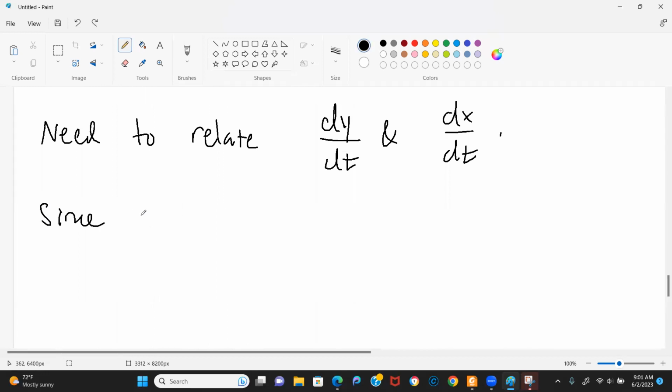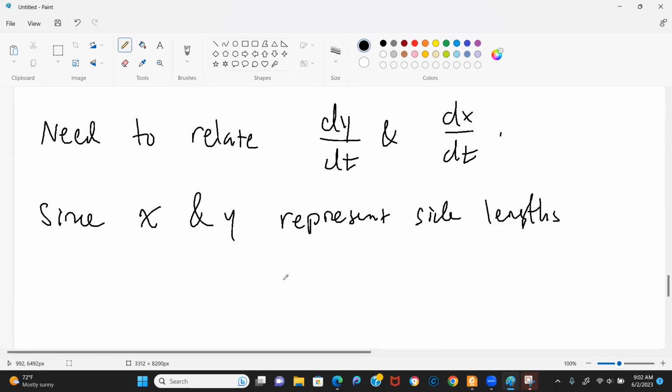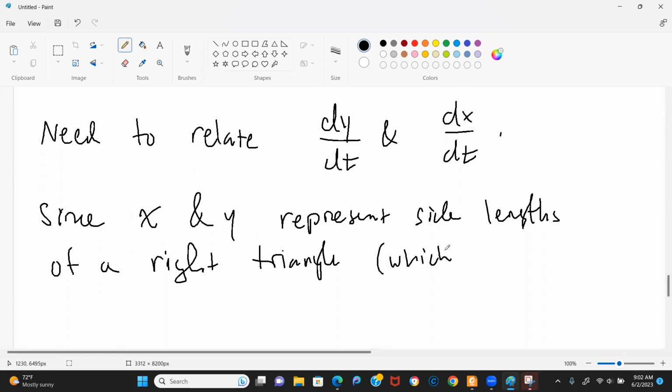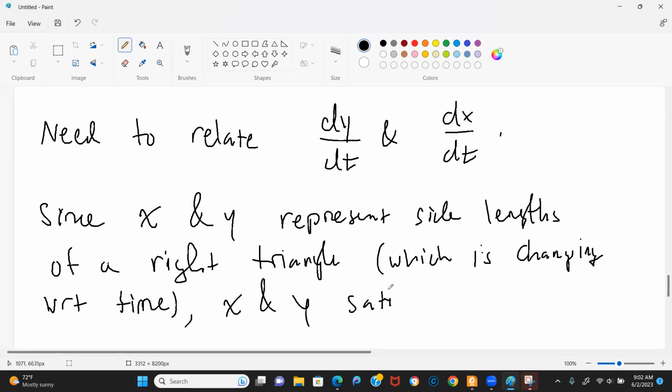Since x and y represent side lengths of a right triangle, which is changing with time, the triangle itself is changing with respect to time. x and y satisfy the Pythagorean theorem, or the Pythagorean identity, whatever you want to call it.